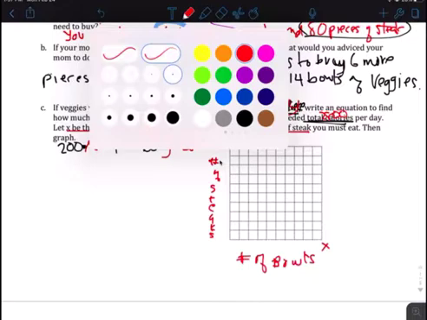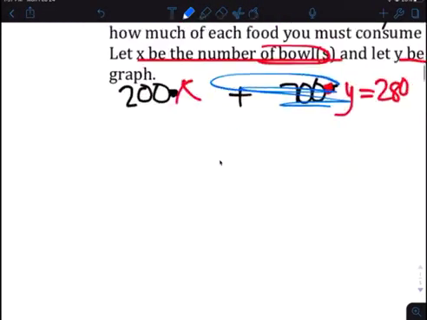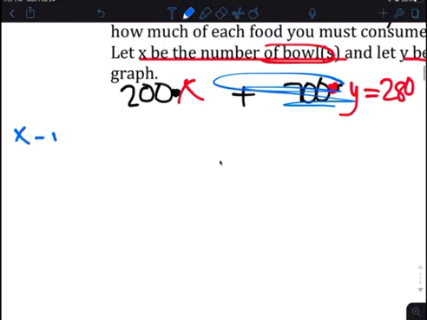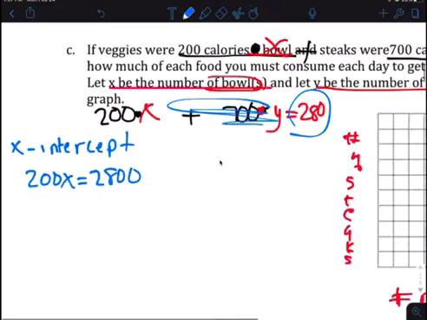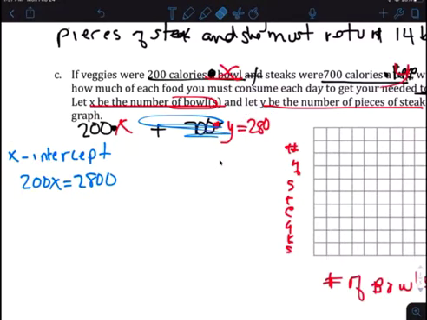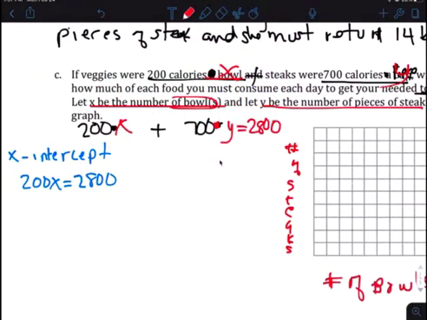And you use the x-intercept. For the x-intercept, you pretend Y doesn't exist. So the x-intercept is 200x equals this here. Mistake, I see my mistake. Here I need to put 2,800.